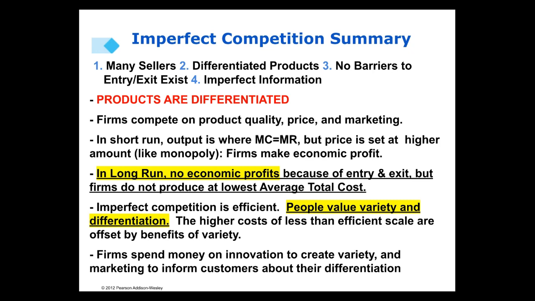People value variety, and they get benefit from product differentiation and variety. As a result, they're willing to bear the higher costs that are associated with product differentiation and variety. So we say that imperfect competition is efficient because people value variety, people value differentiation. And this is our summary of imperfect competition.